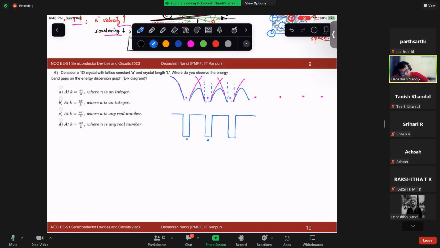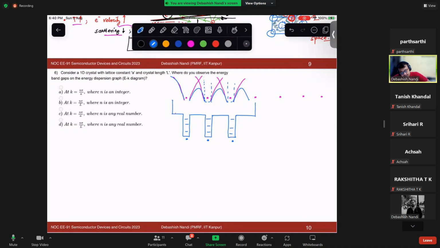Here are the nuclei of the atoms, and electrons can occupy some energy levels. We have seen that for a potential well, the energy levels are discrete.